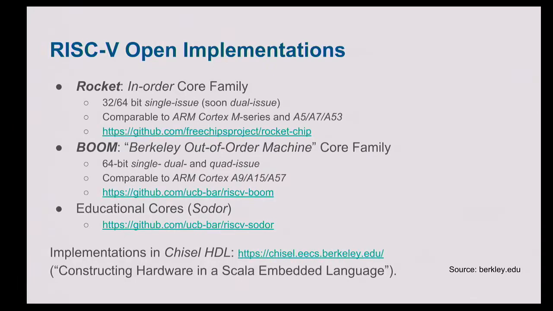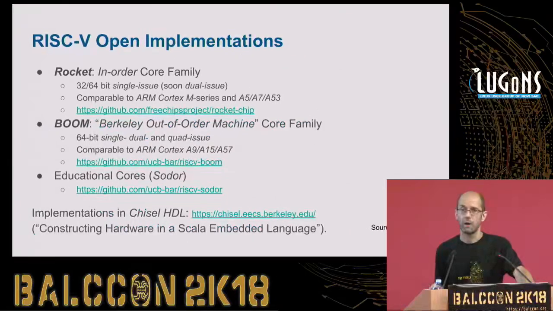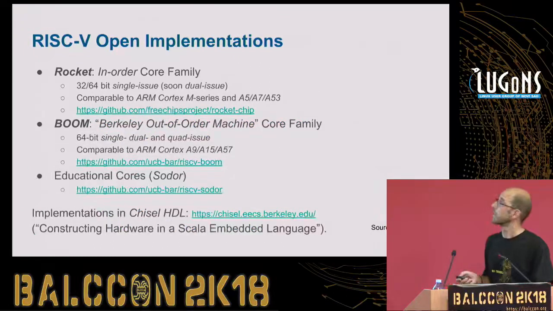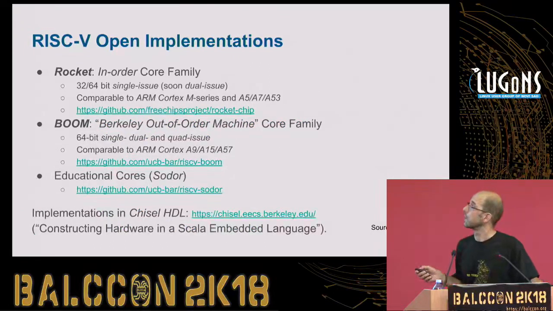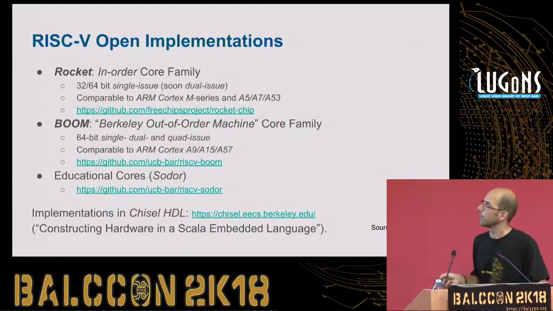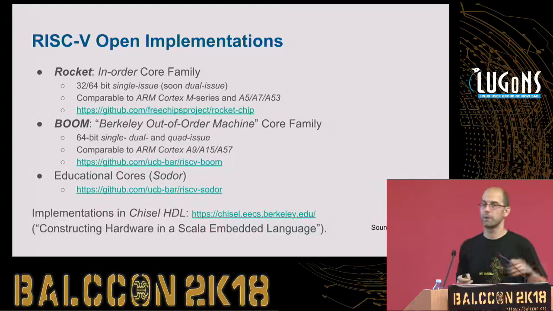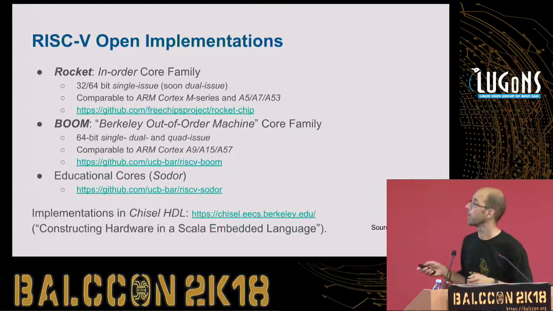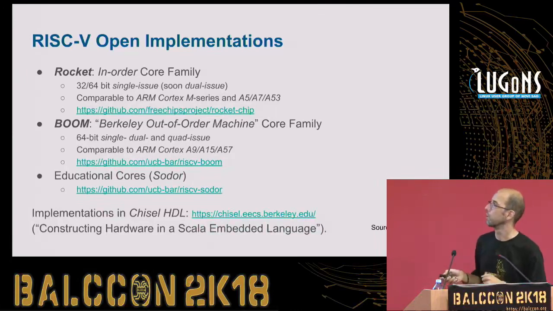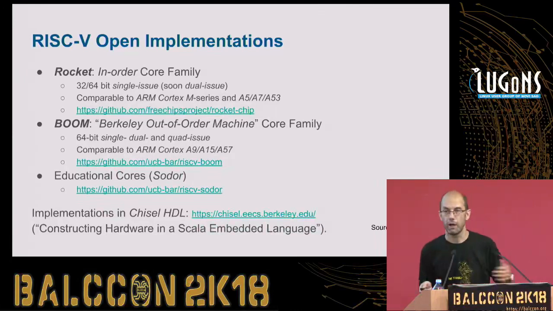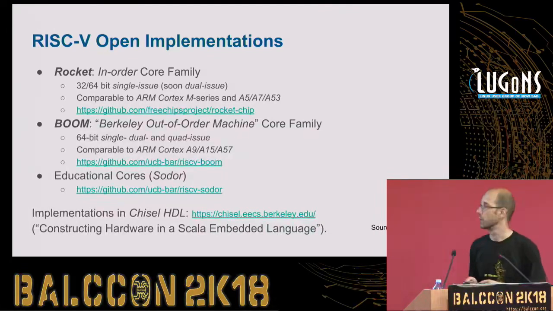It is comparable to the ARM M series microcontroller series, because it is in order. And of course there are out of order cores, which are 64-bit dual and quad issue, comparable to the ARM A family cores.